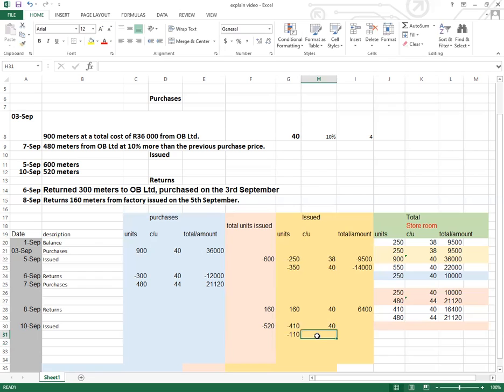We have 110, eh? Which means this 110, it falls under this one.